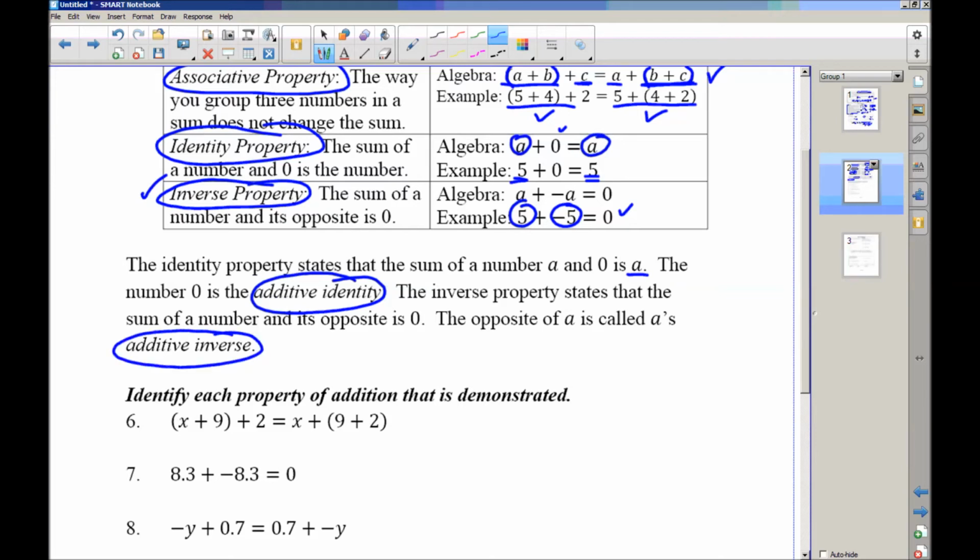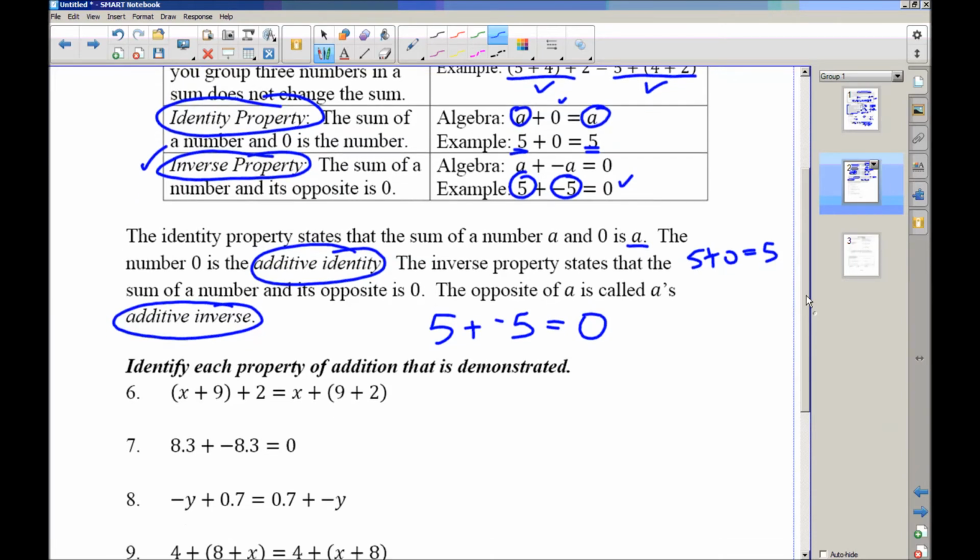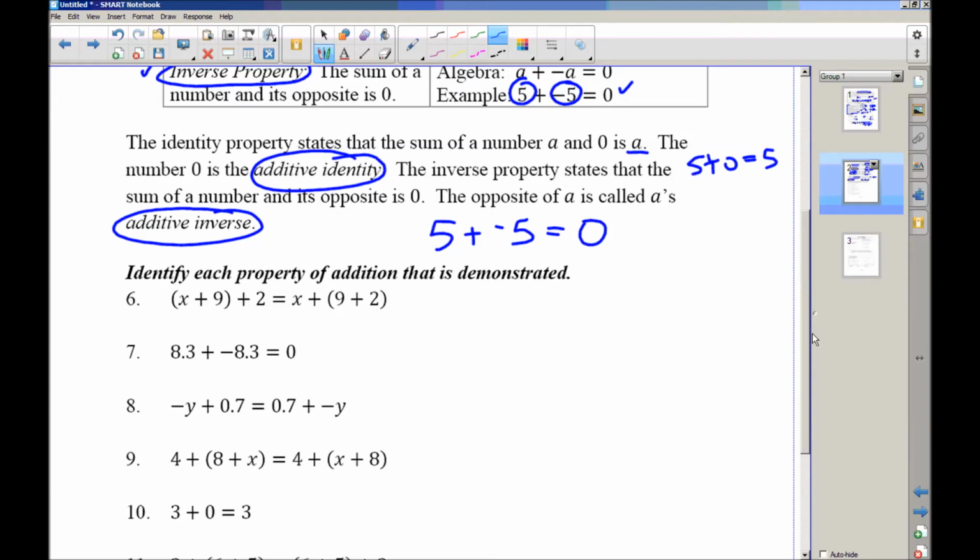So a number, 5, plus its additive inverse always makes the additive identity. Or you can say a number plus the additive identity always makes that same number again. Okay? So we need to know the names for these: additive identity, and additive inverse also.